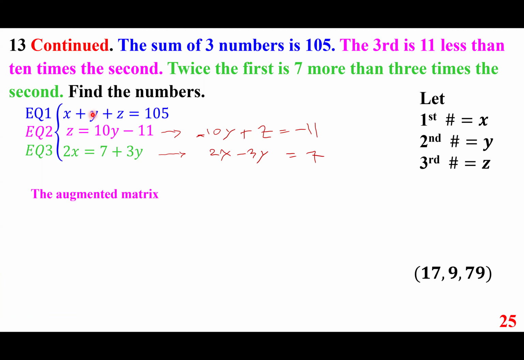So this would be 1, 1, 1, 105. This would be, there's no x, 0, negative 10, 1, minus 11. And this one would be 2, minus 3, there is no z, 0, 7.